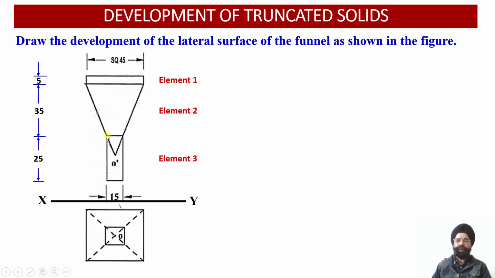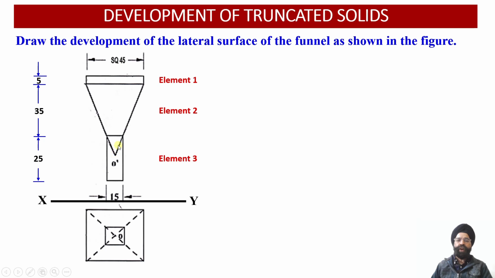For element number 3, the base edge is 15 millimeter while the height of the square prism is 25 millimeter. So this way we have already obtained the true dimensions of the base edge and the height of the square prism for element number 1 and element number 3.